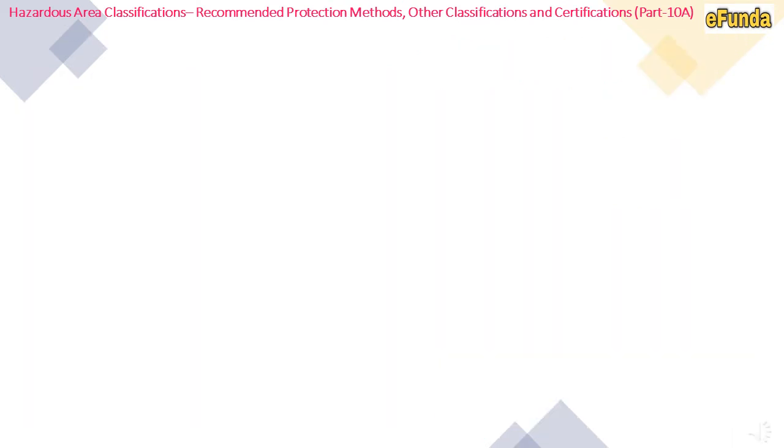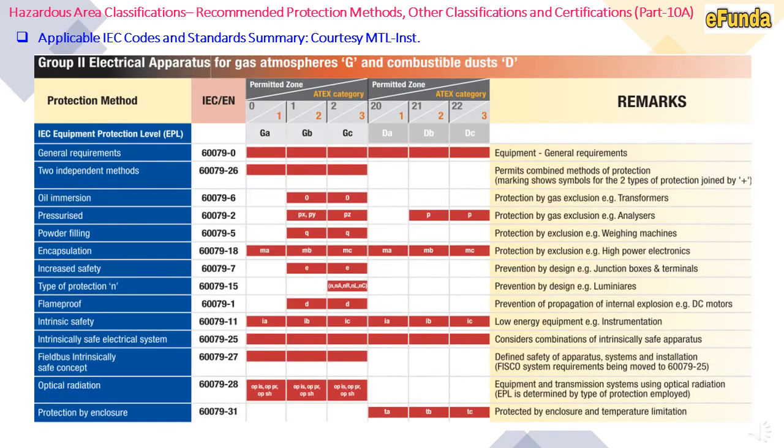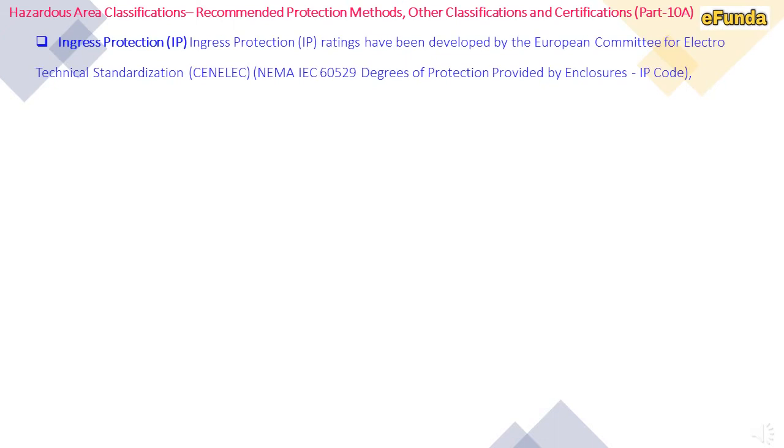For better understanding of applicable IEC codes and a standard summary, we have used a table, thanks to the courtesy of MTL Instruments, where we have listed all the protection methods, applicable IEC standards, their categories and their remarks, so that one can refer to this table, study carefully and have a good understanding of protection methods related to hazardous area classification.